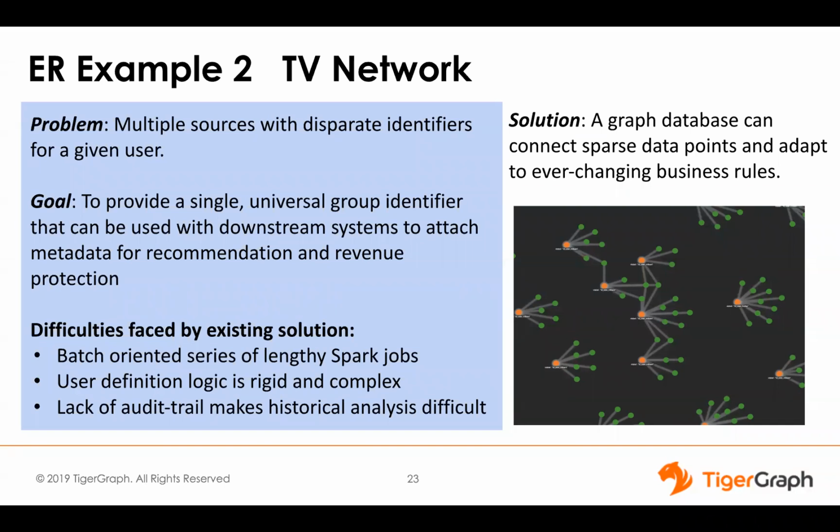At that point they completely lost control of who the person was. They just didn't know. What they wanted was a universal identifier they could attach to a user, to find out who was watching what. The difficulty was that initially they were running it with a bunch of Spark jobs.